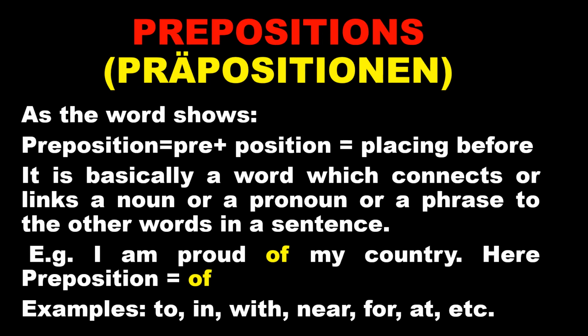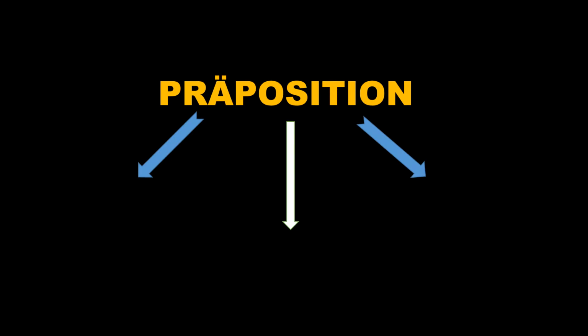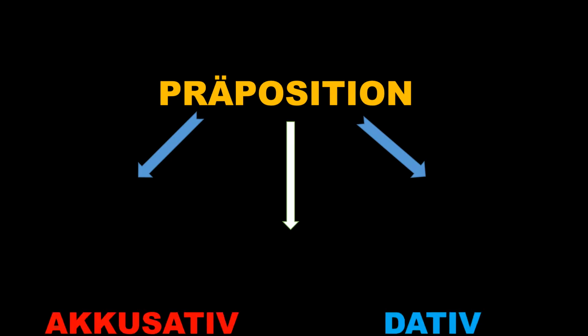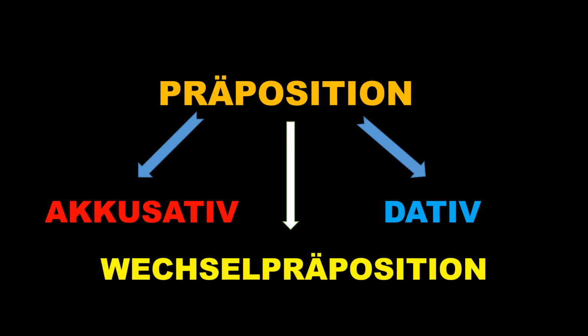Let's understand the prepositions in a simplified manner using this chart. Präposition: accusative, dative, Wechselpräposition. We have categorized them into three categories: accusative prepositions, dative prepositions, and the third one is Wechselpräposition.